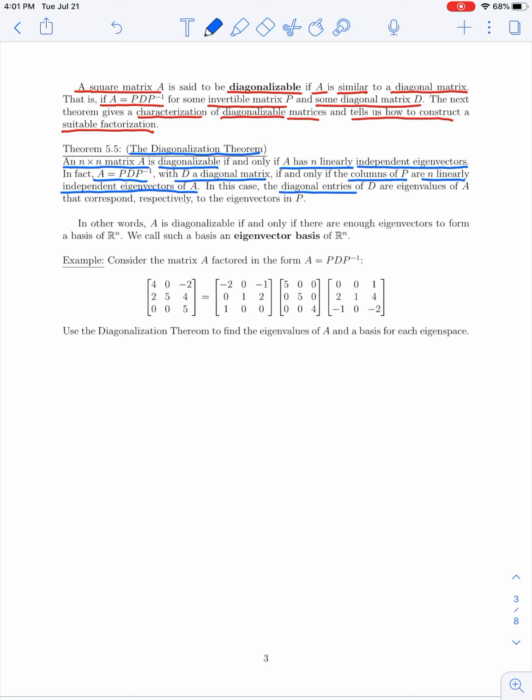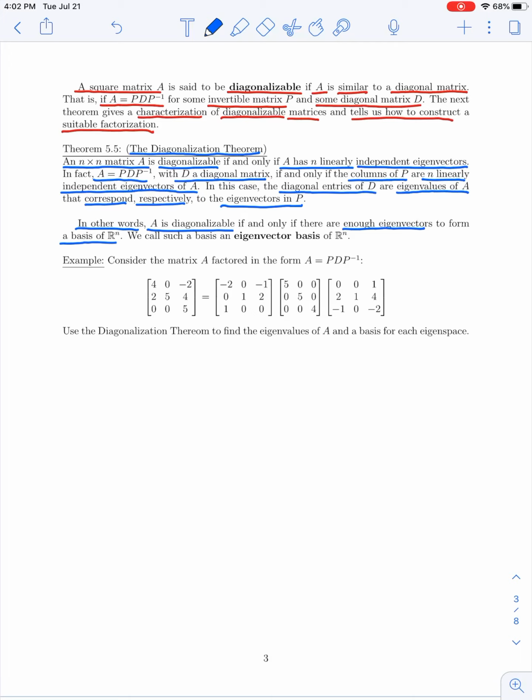And then the diagonal entries of the diagonal matrix D would be the eigenvalues of the matrix A that correspond respectively to the eigenvectors in P. So for instance, the 1,1 entry of our diagonal matrix D would correspond to the eigenvector that is the first column of the matrix P. So stating this another way, a matrix A is diagonalizable if and only if there are enough eigenvectors to form a basis of Rn.